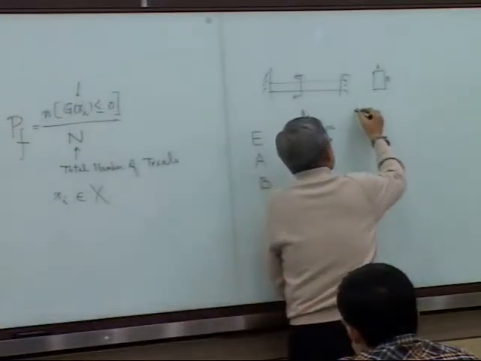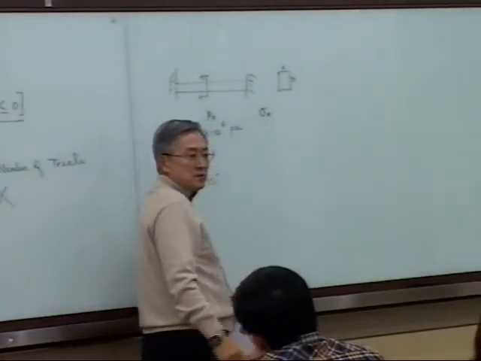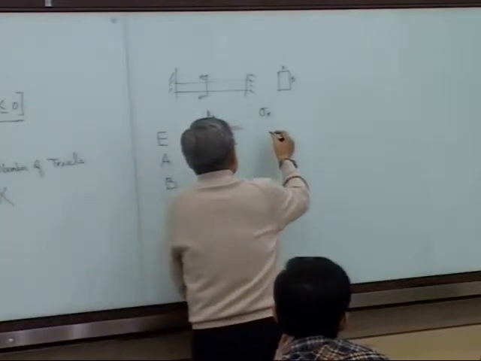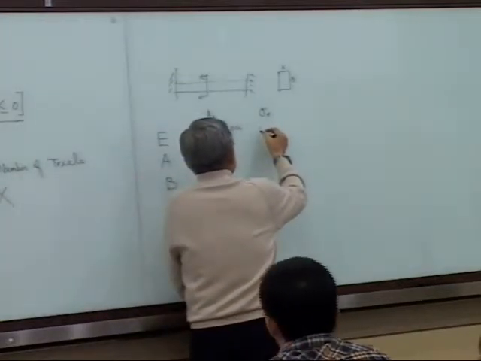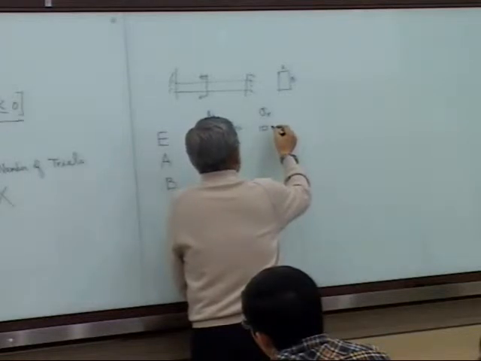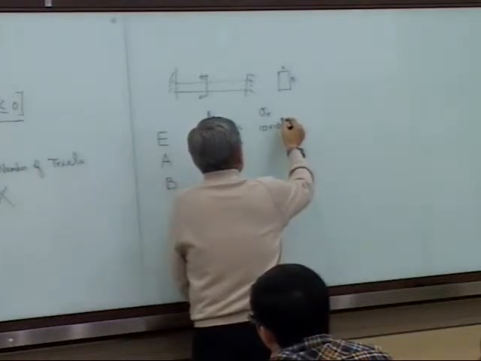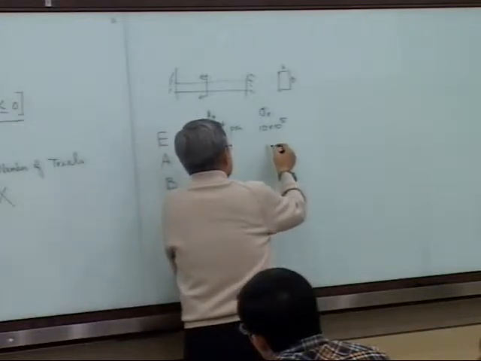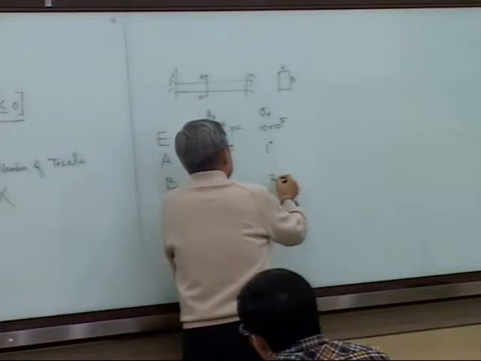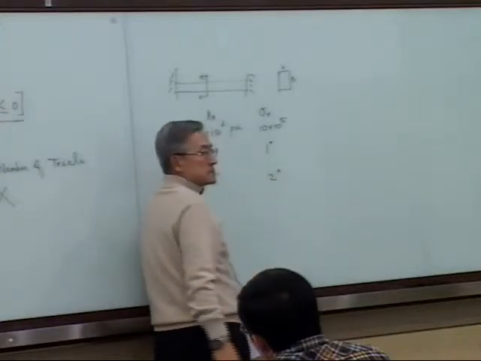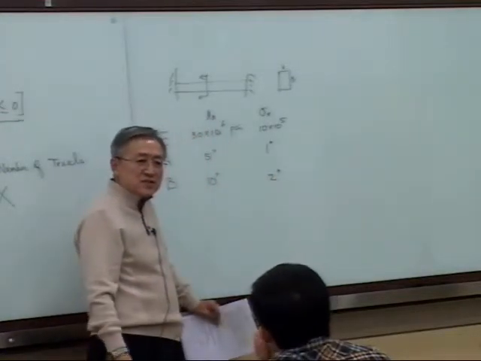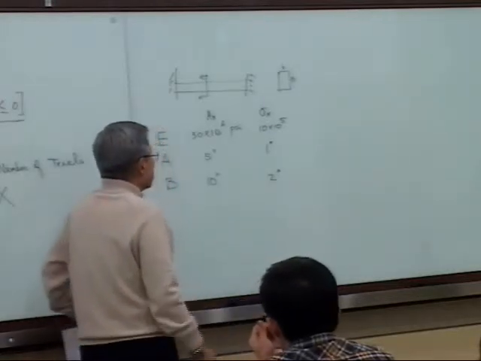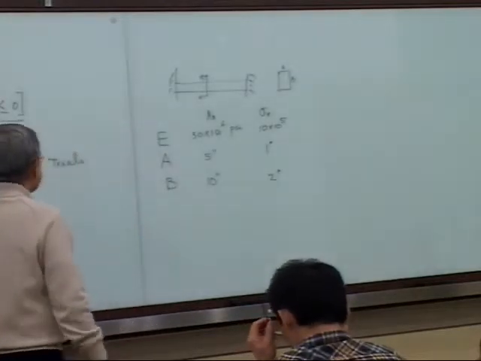Then you have to have a standard deviation for that. So the standard deviation you could assign as 10 times 10 to the 5th power. And this is like 1 inch. This could be 2 inches, for example.